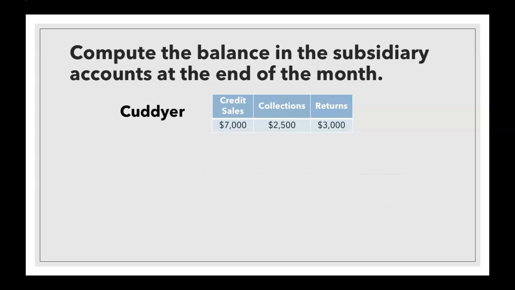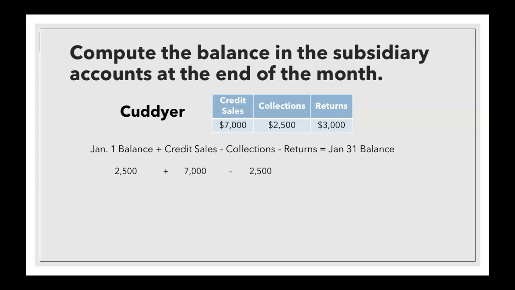Now let's move on to Kadire. Once again, we're going to follow the same steps. Kadire started off with a balance of $2,500. We add in the $7,000 in credit sales because when we make a credit sale, our accounts receivable is increasing. Then we subtract out the $2,500 that we collected from them and subtract out the $3,000 in returns that they made to find their January 31st balance to be $4,000.